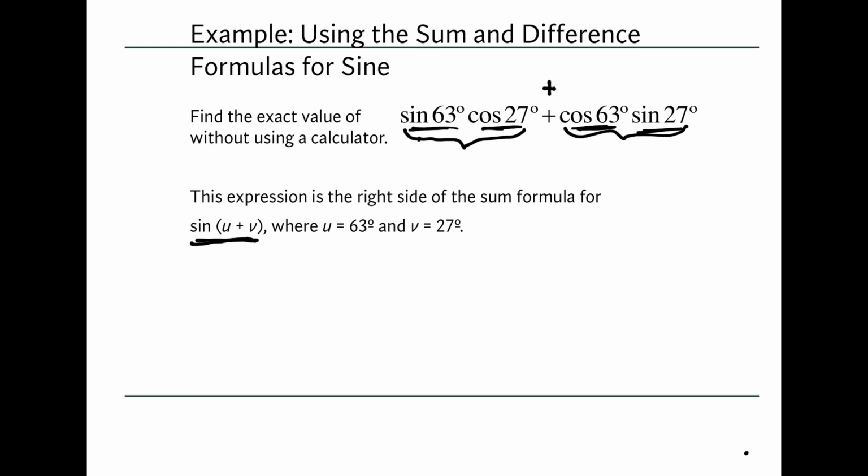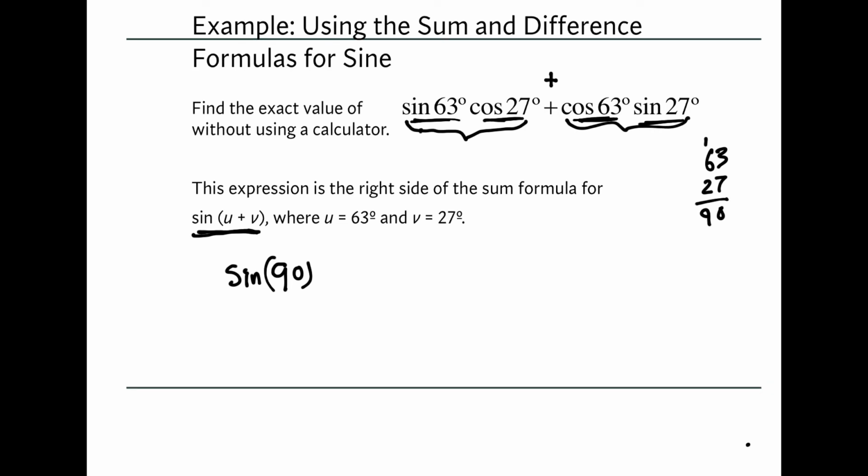And if we look at these two angles, 63 and 27 give us something very special. 7 plus 3 is 10. That's a 9. So this is 90. So rather than trying to evaluate this, I'm actually doing it the opposite way. Sine of 90 is equal to the sine of 63 plus 27.